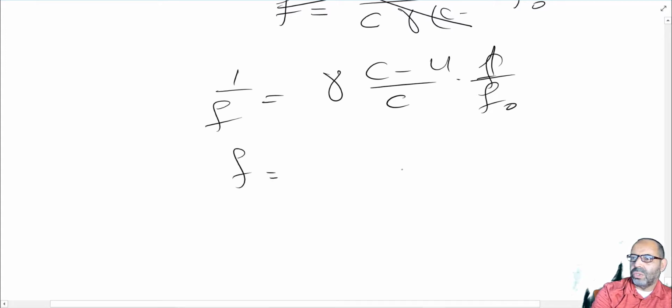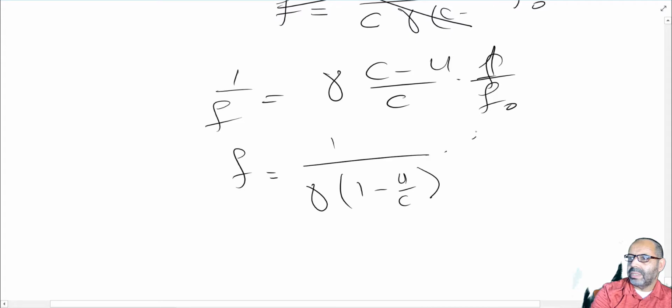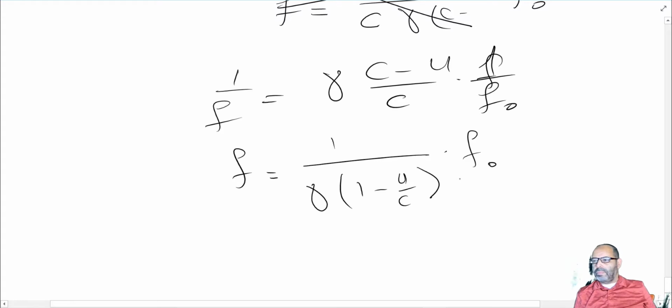So we have f equals 1 over gamma times this number in here, which is just 1 minus u over c, times f naught. It's just a matter of rewriting gamma, that's all, because this is beta, by the way. This is exactly beta.